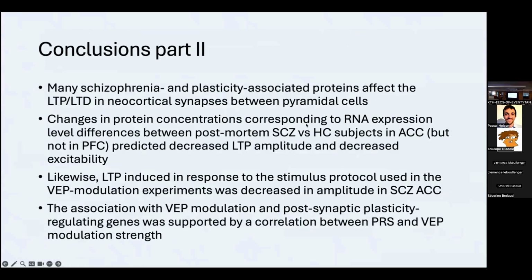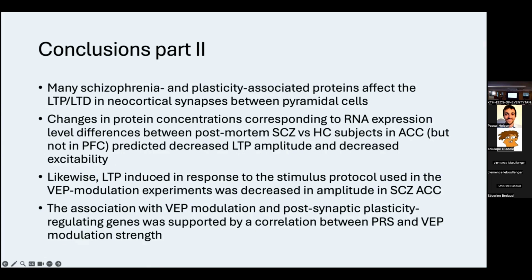So in conclusion, many schizophrenia and plasticity-associated genes and proteins affect the LTP and LTD in neocortical synapses. And if we change the protein expression in our model corresponding to this RNA expression of schizophrenia versus healthy controls, we find decreased LTP amplitude and decreased excitability of the pyramidal cells.